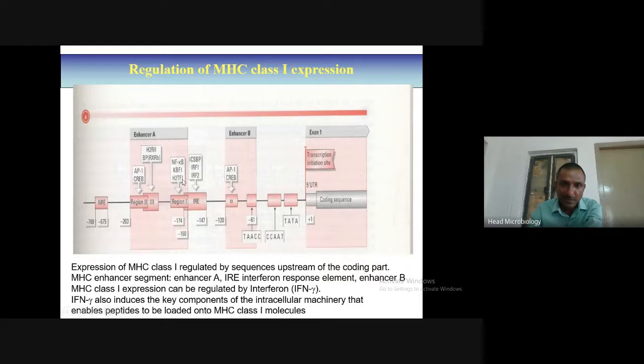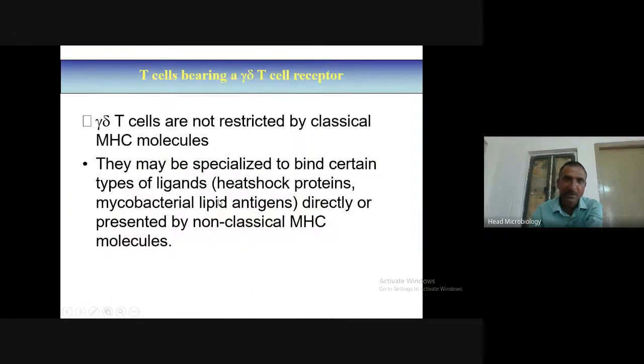Without interferons, they cannot be expressed in another cell. There is enhancer 1, enhancer 2, and exons. Enhancer 1 to enhancer 2 transfer the interleukin signals, and all the elements transfer to the interleukins. And T cells bearing the gamma delta T cell receptor.